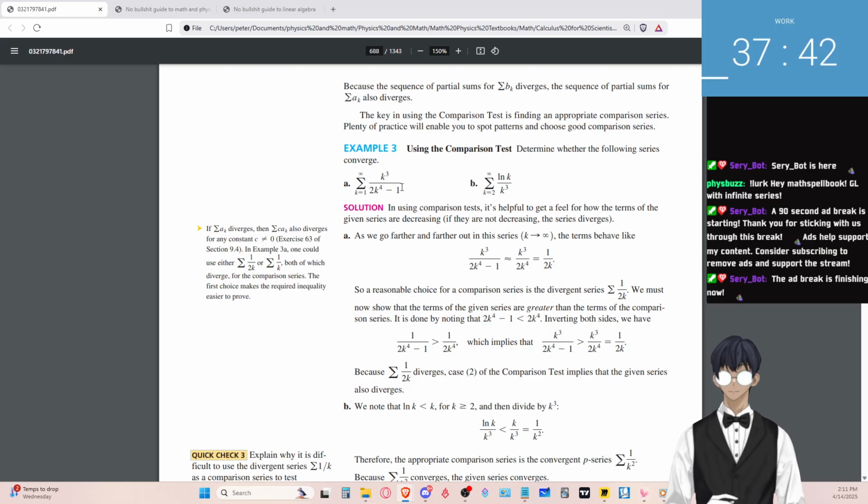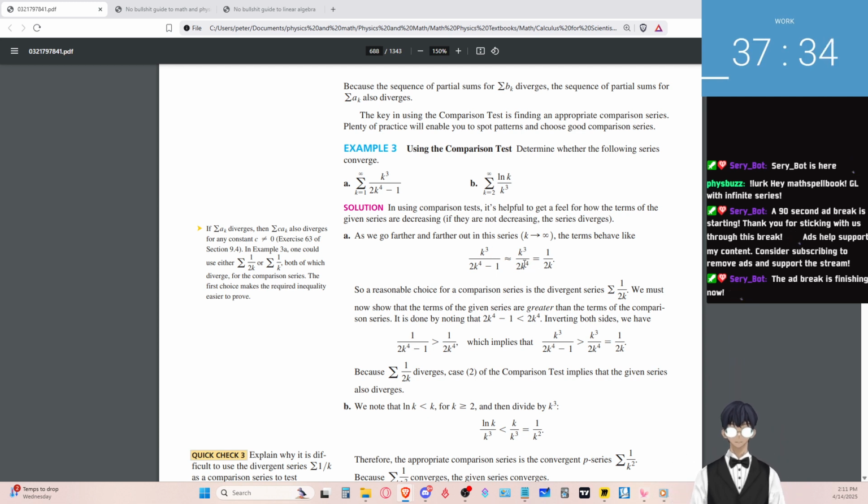No, wait, it's minus 1. Oh, so we would have to put 4k. Right, yeah, here we go. So roughly these converge. And then that reduces.